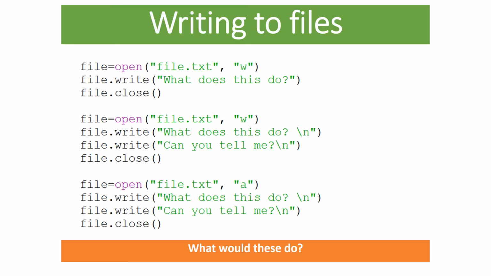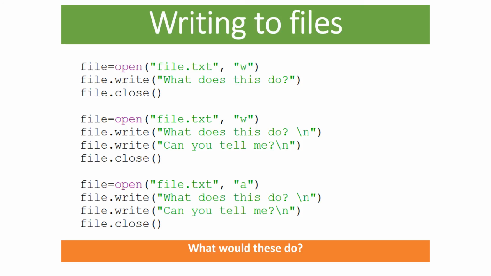If the text file already exists, it's actually going to write over the top of that text file, whereas if it doesn't exist, it's going to create a new file with that file name. We then use file.write, the .write command. Remember to close the file at the end so that we can remove it from RAM and free up that data. The second one is exactly the same, but we've used a \n.